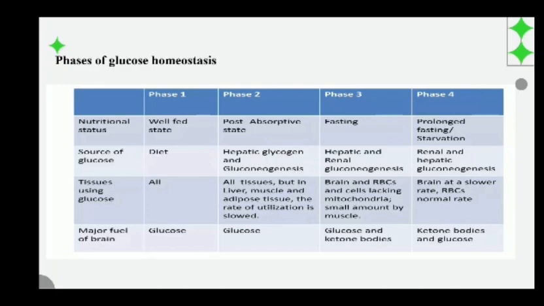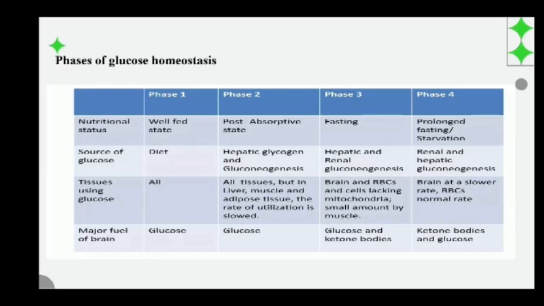The tissues which utilize glucose during the different phases are: in phase 1, all the tissues will utilize glucose, which is a primary source of energy. In phase 2, all the tissues, but liver, muscle, and adipose tissue, the rate of utilization of glucose will be slower. In phase 3, brain and RBC and cells which lack mitochondria utilize glucose, and a small amount of muscle also utilizes glucose.